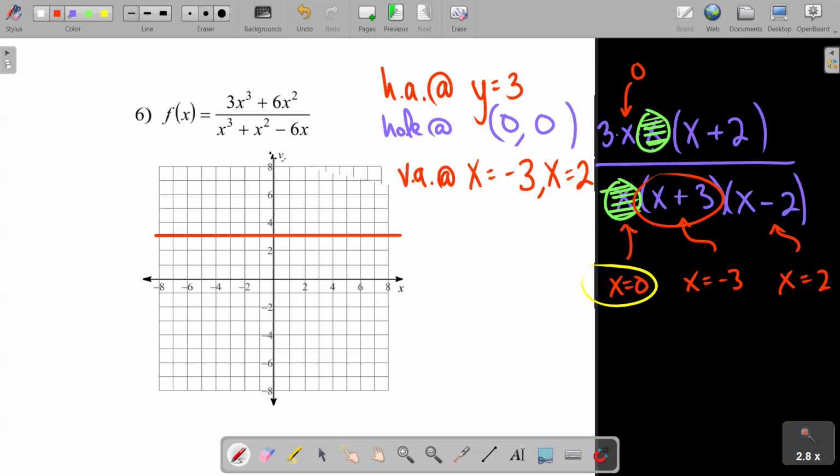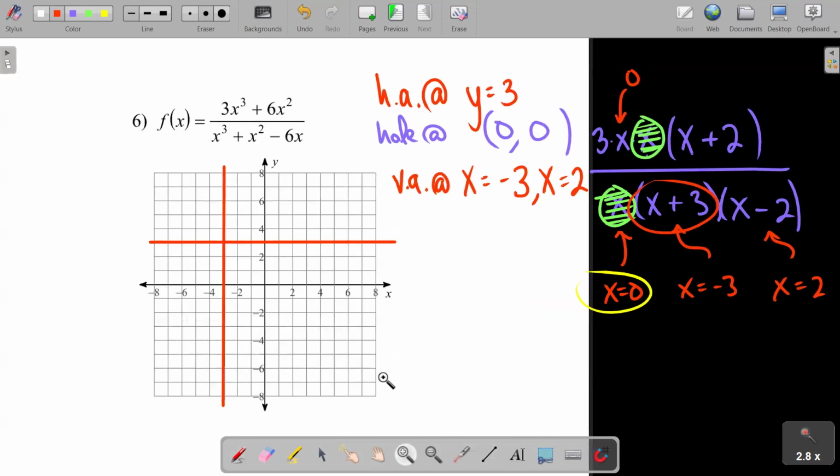So we're going to draw a vertical asymptote at -3. And we're going to draw another one at +2.